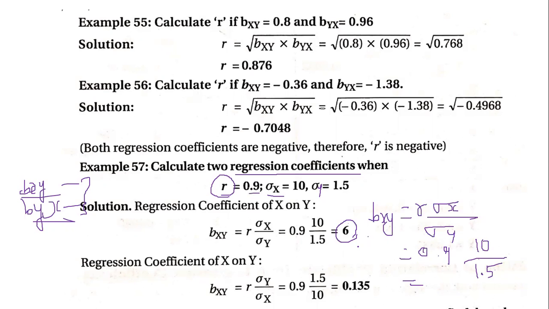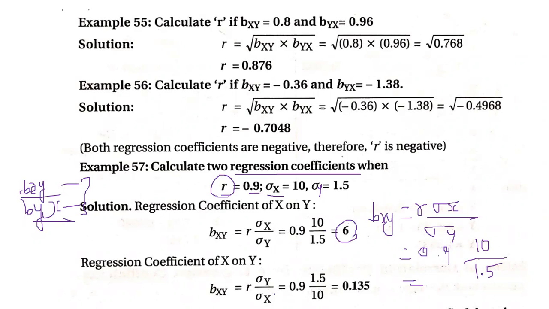Are you really getting 6 here? 0.9 into 10 divided by 1.5. Yeah, you get 6.